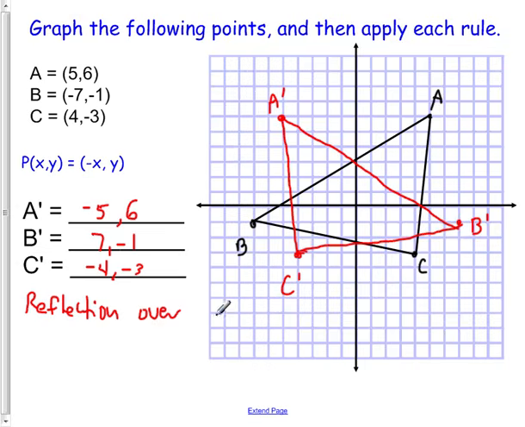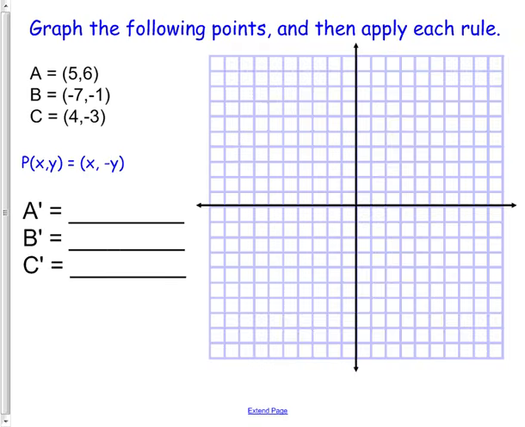It looks like it reflected over this line right here, and that line is the y-axis. So if we do the opposite of x and keep y the same, that ends up being a reflection over the y-axis.